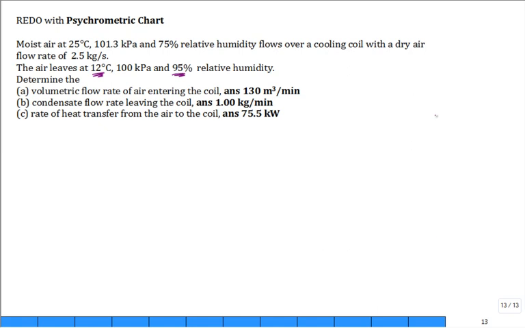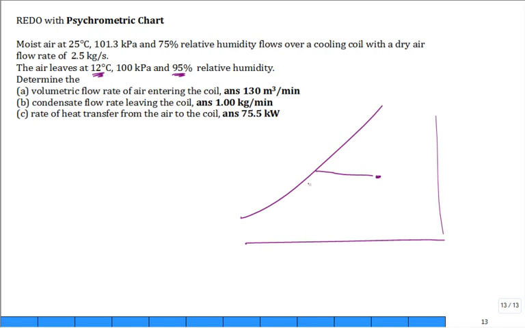So what happens on our chart is here, and then instead of going all the way over, it actually exits something like there. So there is a change. You have omega 1 here, and you have a lower value of omega 2. Humidity ratio is lower. Some liquid condensates going out.